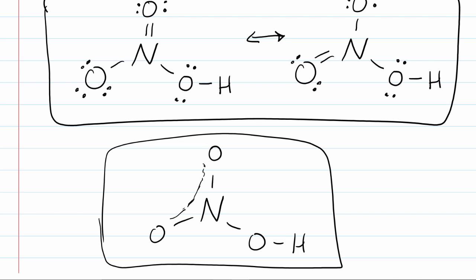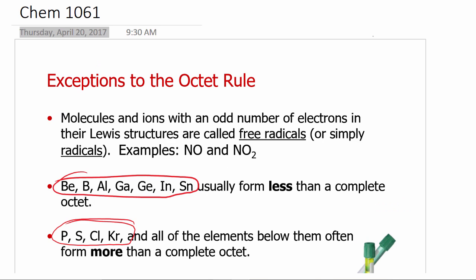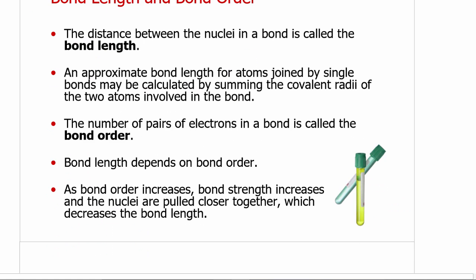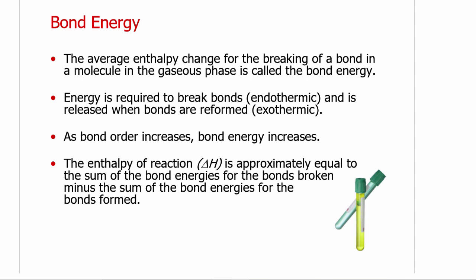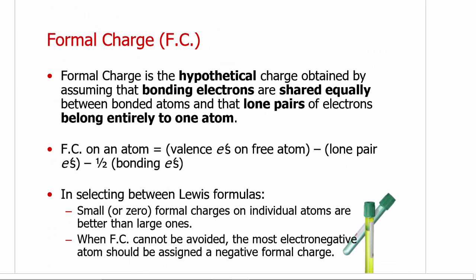All right. Then the last piece that we're going to look at today. I think we've gone through most of these here. Sometimes we need to pick different structures, and I'm trying to find, here it is, a concept called formal charge. Formal charge is not a real charge, it is a hypothetical charge.